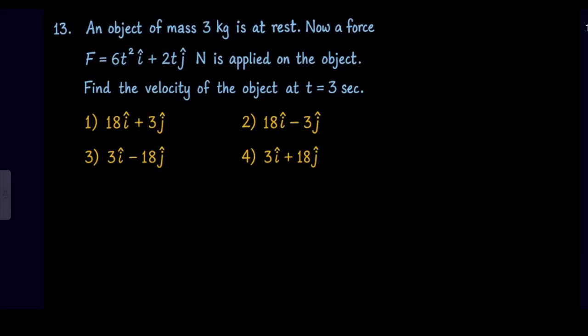If we know the force, we'll find the acceleration and then delta V. But here they are asking to find the velocity of the object at t equal to 3 seconds, not at t equal to 0. Then what can we consider? Delta p by delta t. The t value we can place.